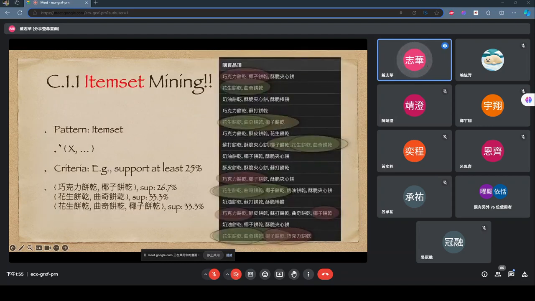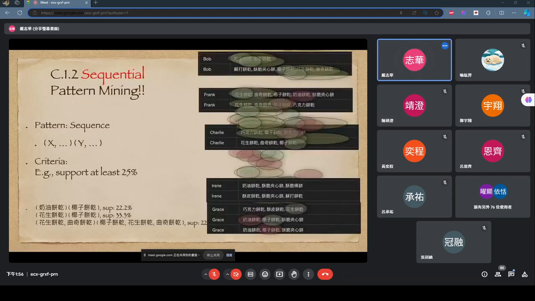Like in item set, the pattern is we concern what products will be purchased together at the same time. And sequential means we want to know which product will be purchased first, and then this purchase behavior would trigger the next purchase of the other product.